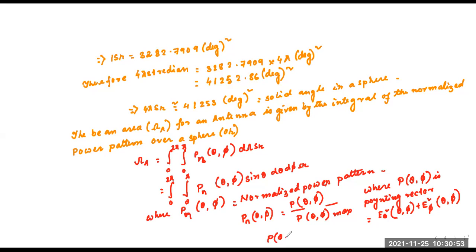P of theta comma phi max is the maximum value of P of theta comma phi, and Z0 equals 125. So that is the antenna beam area.